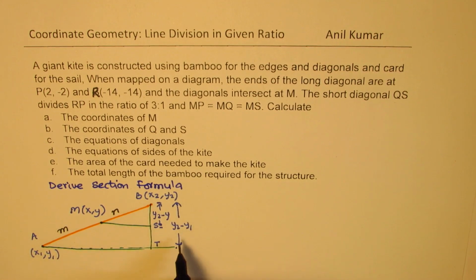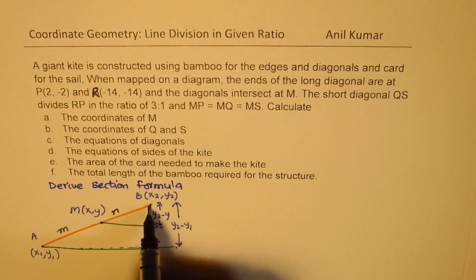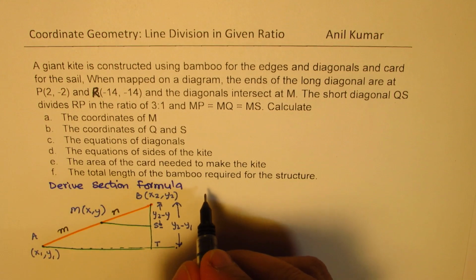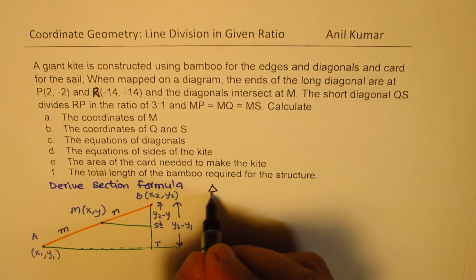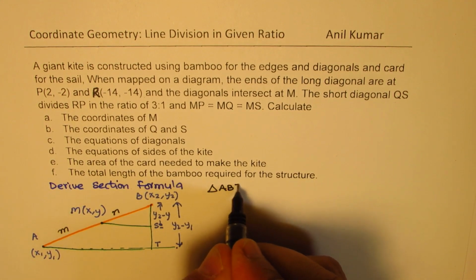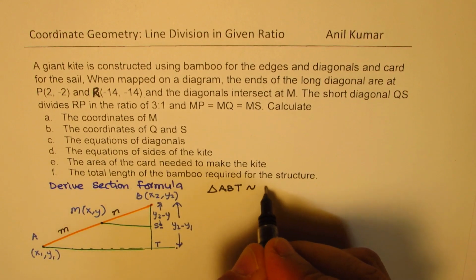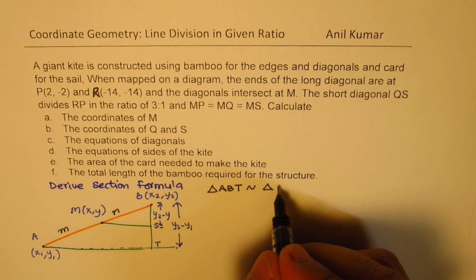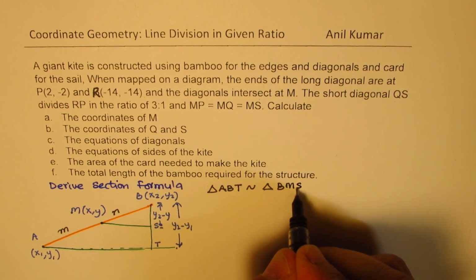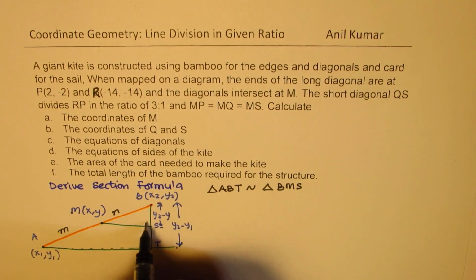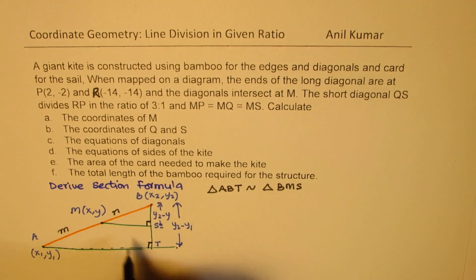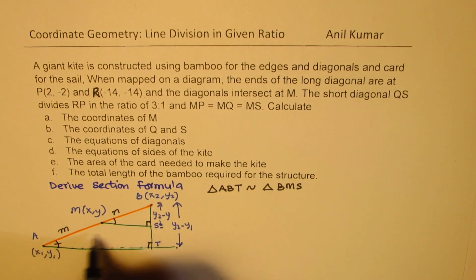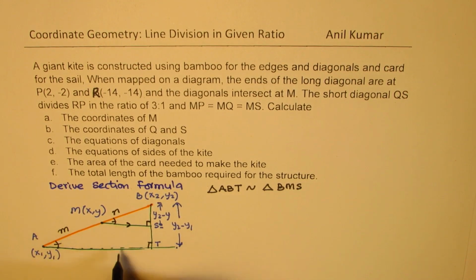So what we see from here is that the bigger triangle ABT is similar to triangle BMS, because they have this 90 degrees and these angles are equal. These are parallel lines, horizontal and vertical lines.